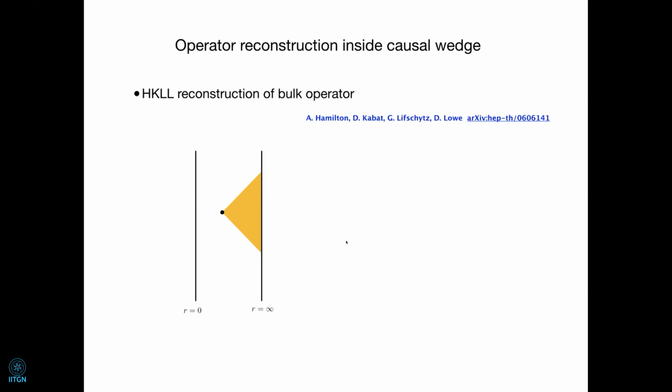That's roughly the idea of HKLL reconstruction. One feature one can see is that in empty AdS space, if you move this operator deeper into the bulk, this interval will get larger, but it never gets too large.